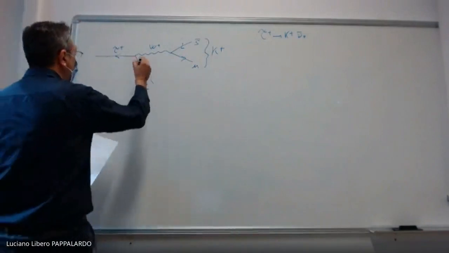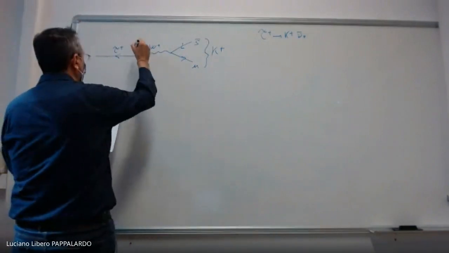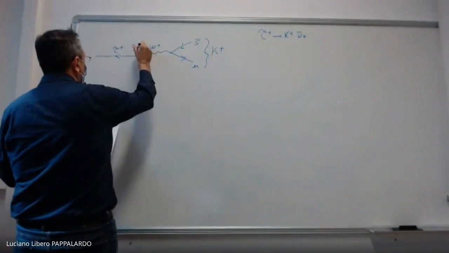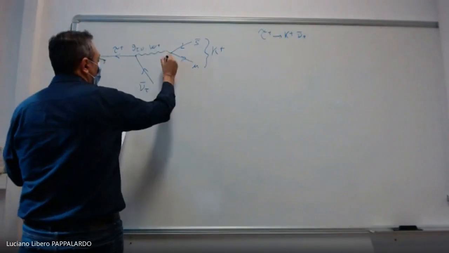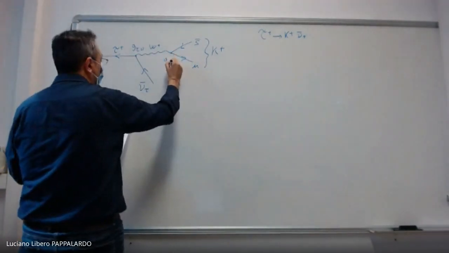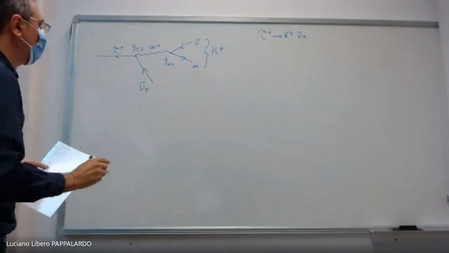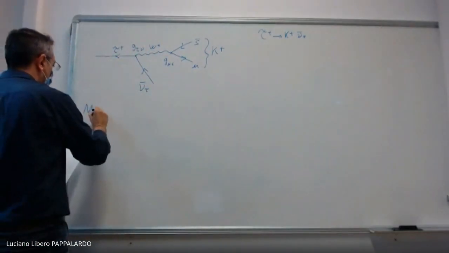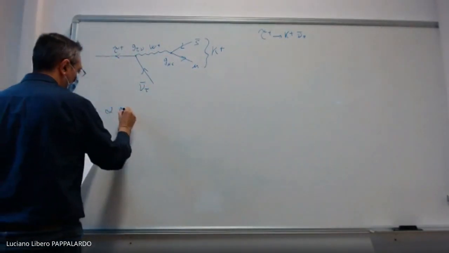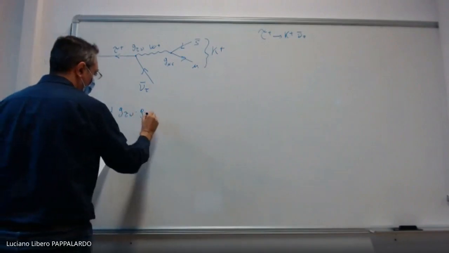Okay, so we have two couplings here. This is the leptonic one, G tau nu, and this is the quark one, G_us. So the matrix element will be proportional to G_tau nu times G_us.